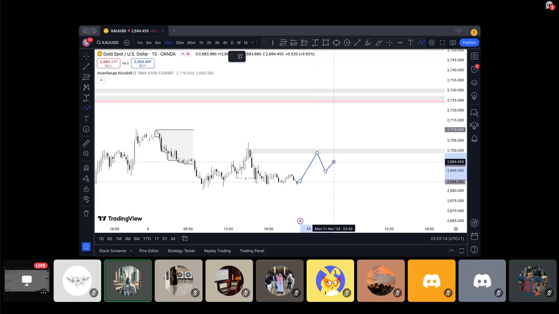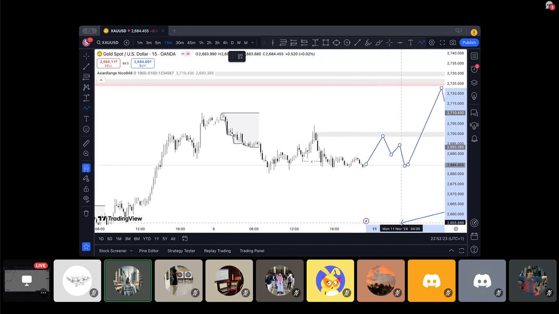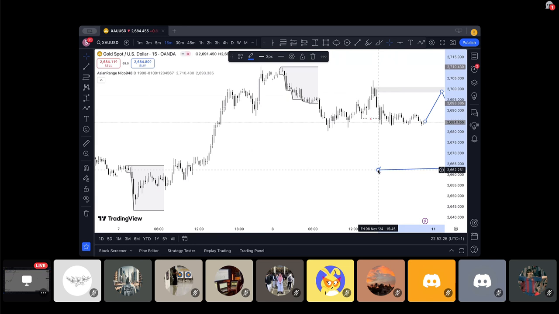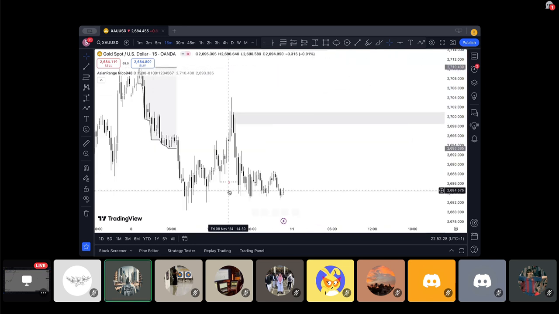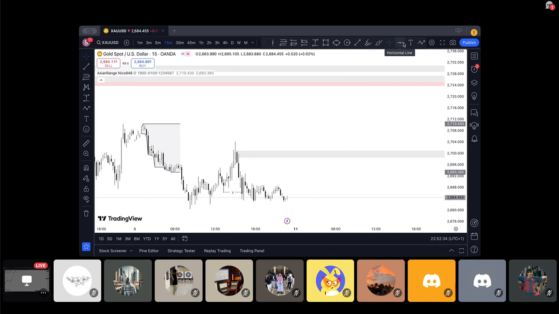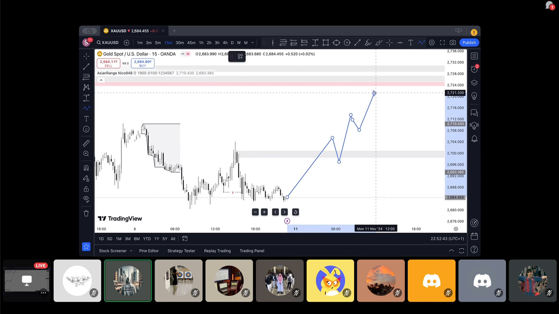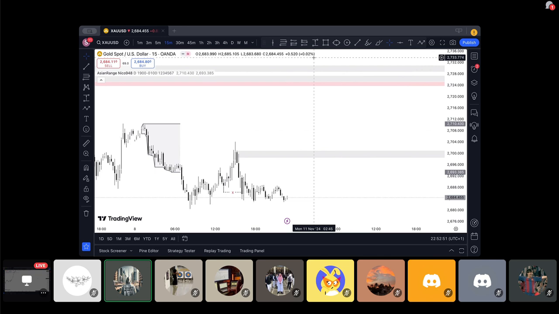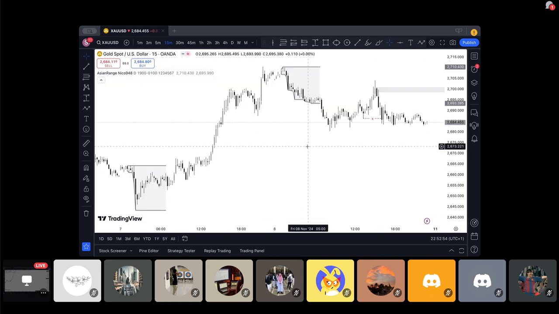Maybe price would do something like this, to invite early sellers, take them out, and then price, in this case, might directly just take it out, pump, pump, pump, tap into this extreme right here, and go down below. So I think this was our market breakdown for gold.